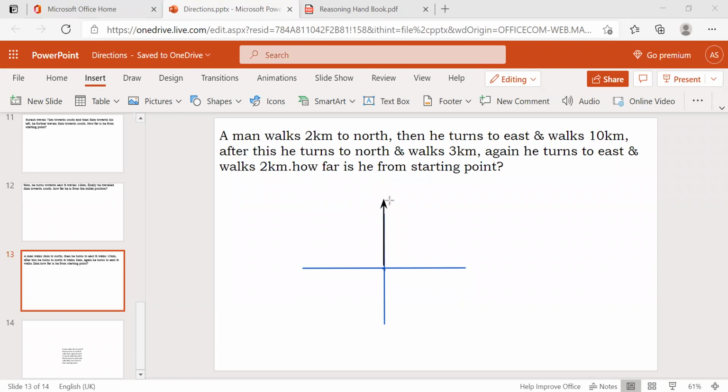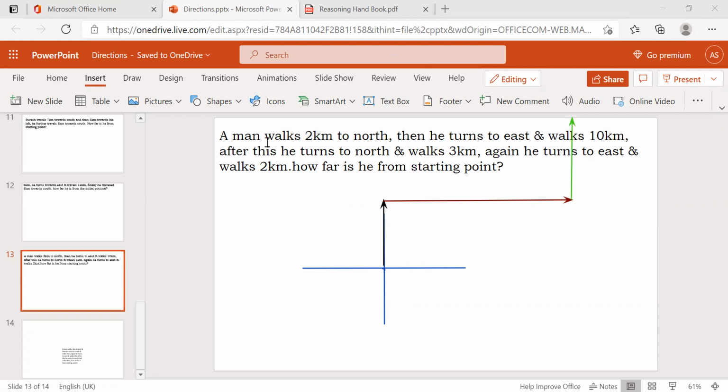Then he turns east, and then he walks 10 kilometers like this. After this, he turns to north, again he turns to north and walks 3 kilometers. Like this.